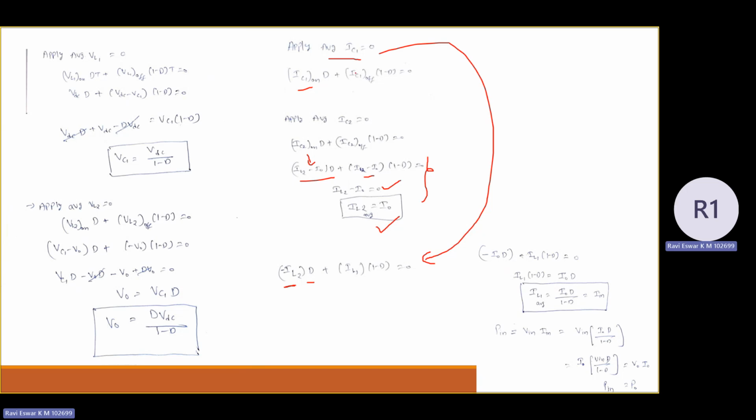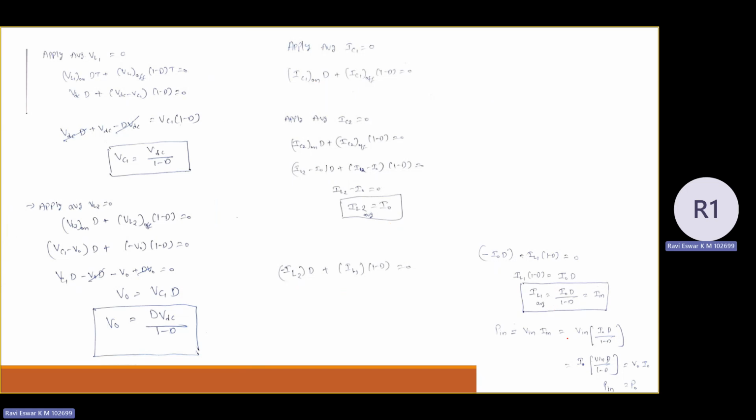So I can write IC1 off as IL1 only. So now you know IL2 already. So when you substitute IL2 here, minus I0 into D plus IL1 into 1 minus D, I can get the average inductor current L1 as I0 into D by 1 minus D. IL1 average as I0 into D by 1 minus D.